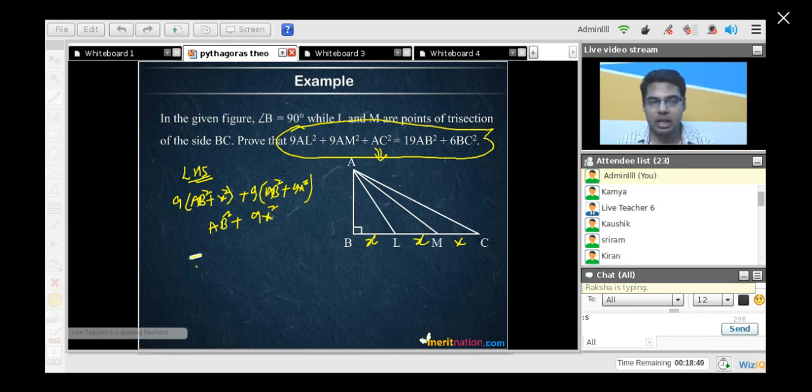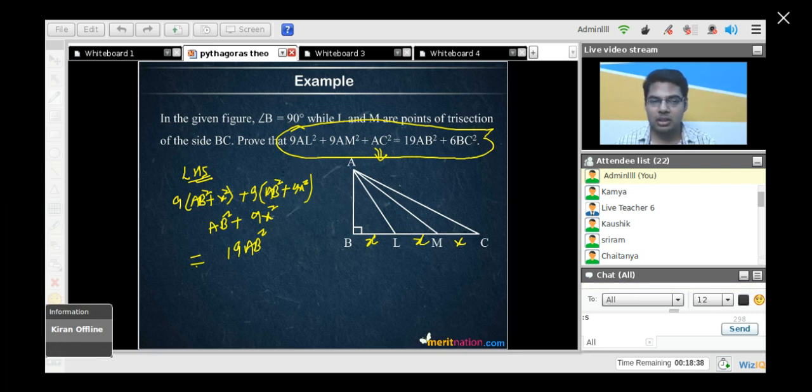So finally you will have 9 plus 9, 18, 18 plus 9, 1, 19 AB square. Finally, what about X? Yes, friends. What about X? X will be 9 plus 36 plus 9. Yes or no? So it is 9 plus 36 plus 9. So please tell me the second term. So 19 AB square plus what is the second term? 45. Gautam says 45.